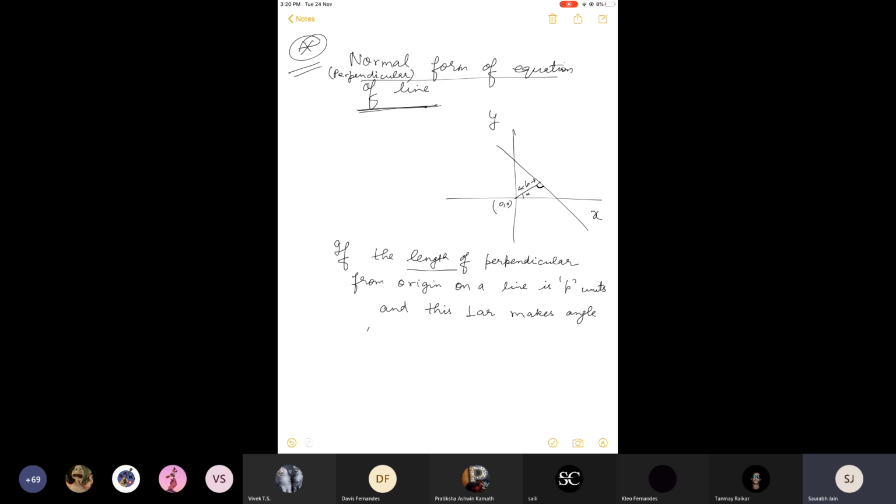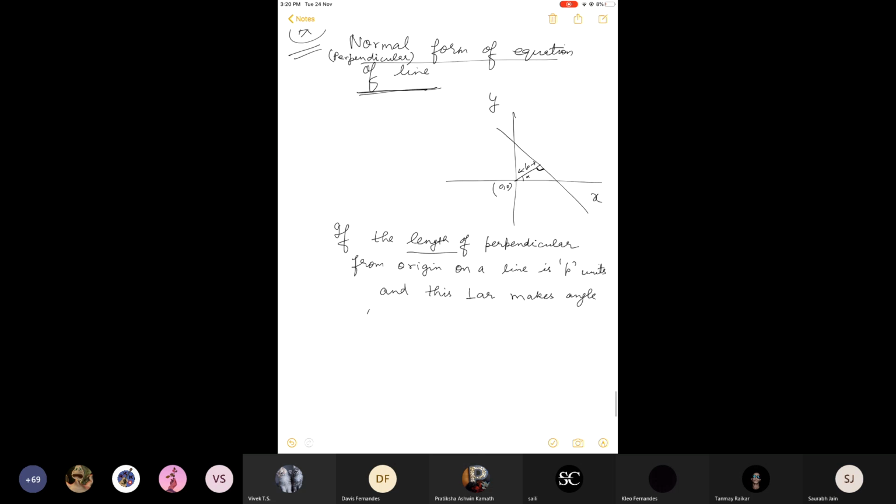Makes angle alpha with positive direction of x-axis in anti-clockwise sense.